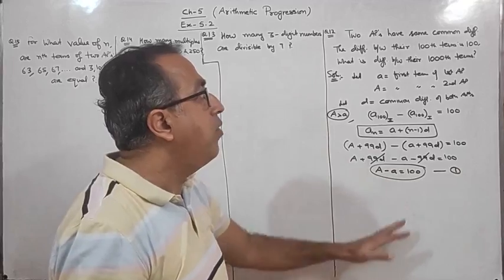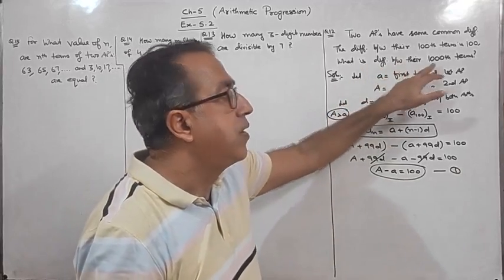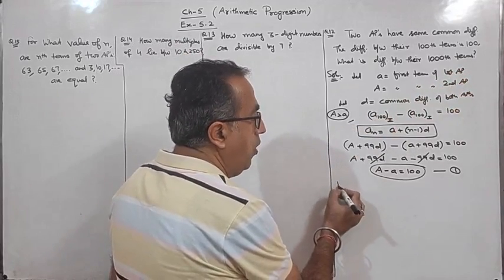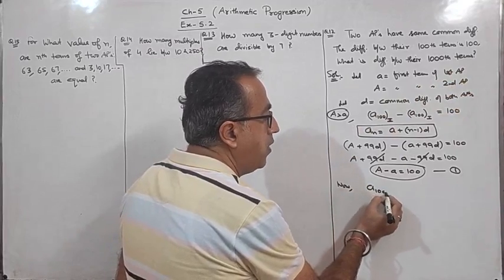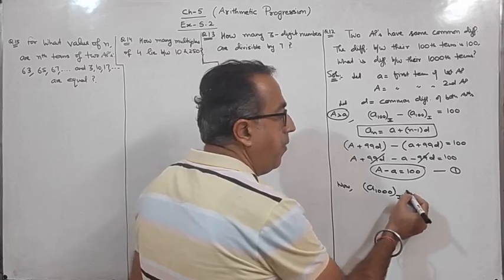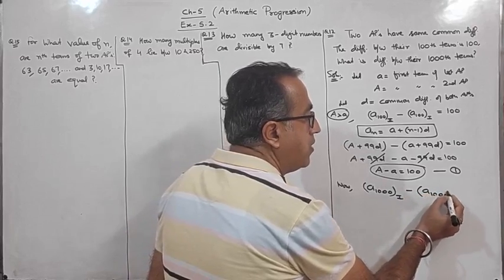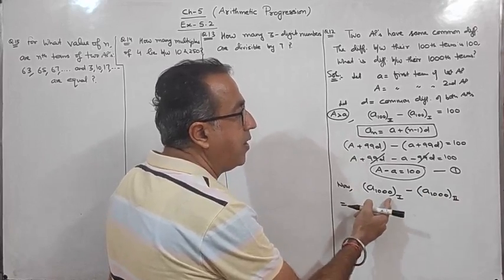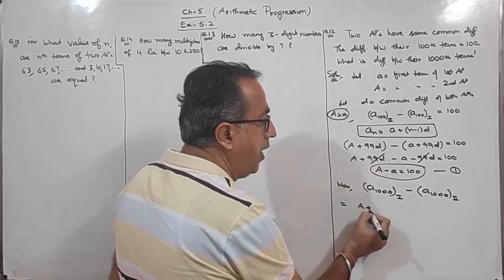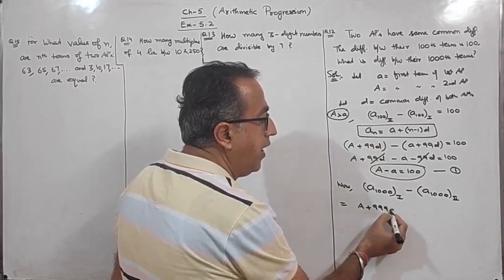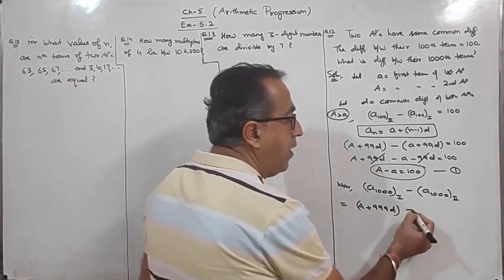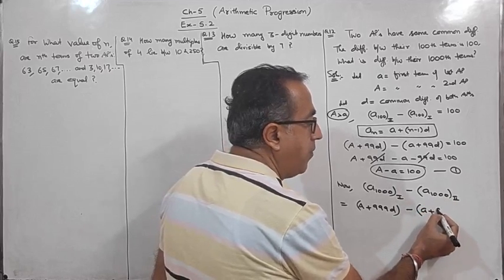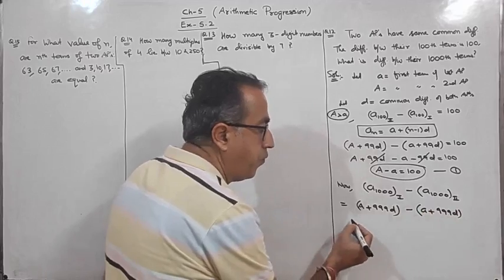Now we have to find the difference between their 1000th terms. The 1000th term of the second AP minus the 1000th term of the first AP. The 1000th term formula will be capital A plus 999d, minus the 1000th term, small a plus 999d.